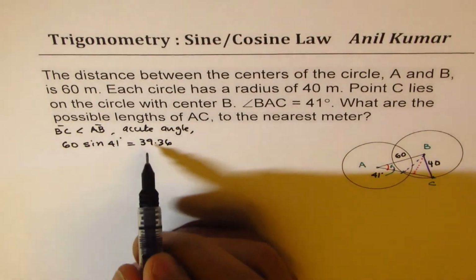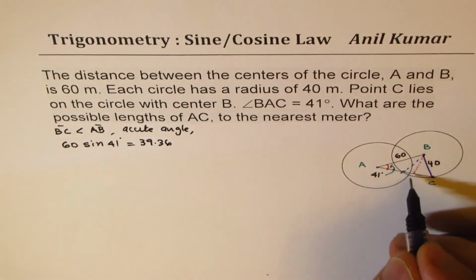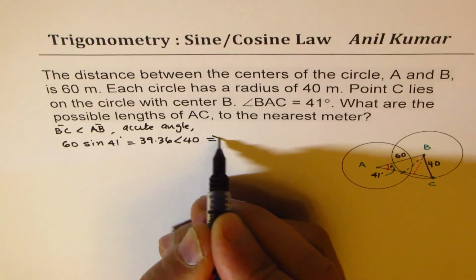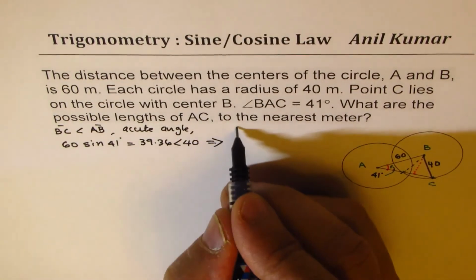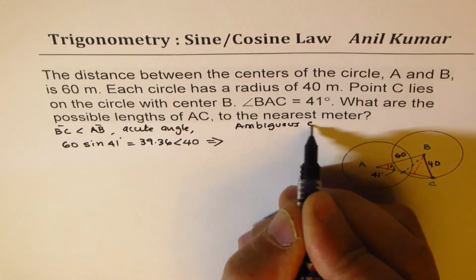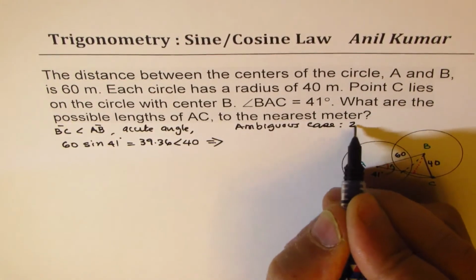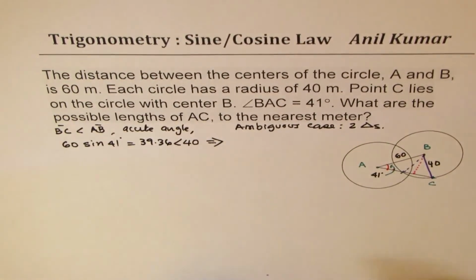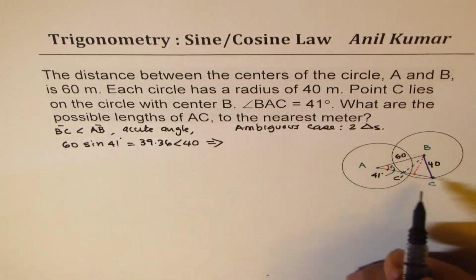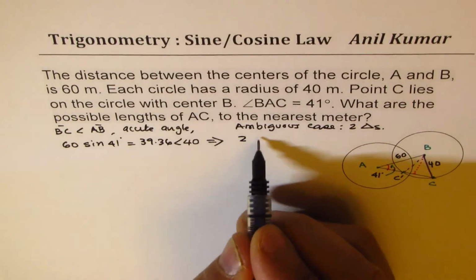Since that perpendicular distance, 39.36, is less than 40, that gives us the ambiguous case. Two triangles. Perfect. So we are expecting C dash also. Remember that, so we have two triangles.